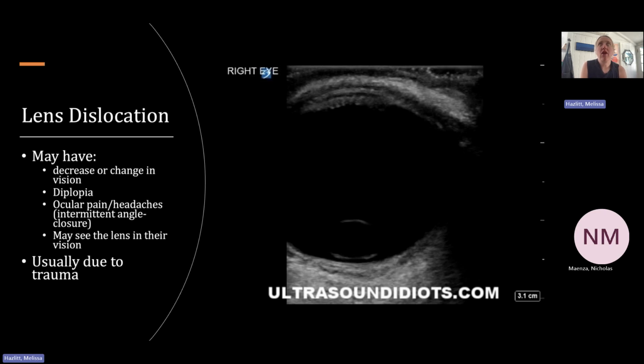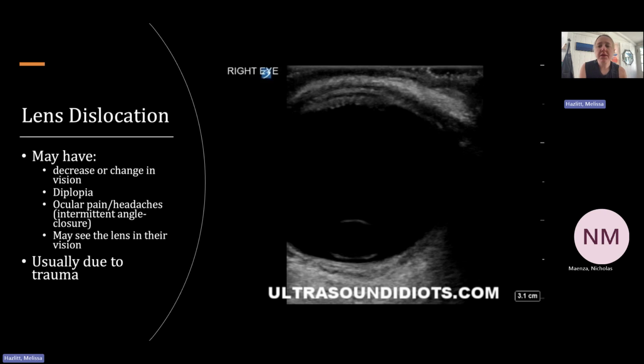These patients can have a variety of symptoms depending on if the lens is subluxed or if it's fully dislocated. They can obviously have decreased vision. They can sometimes actually see the lens in the corner of their vision because it's just partially dislocated or subluxed. And they might just be complaining of that deep, boring ocular pain because they're having intermittent angle closure.